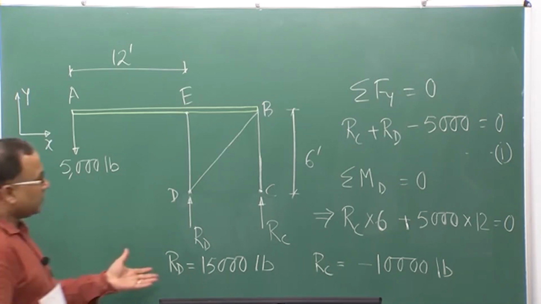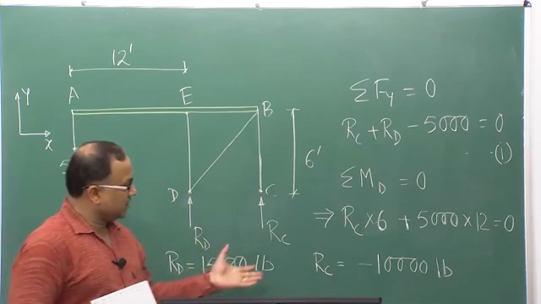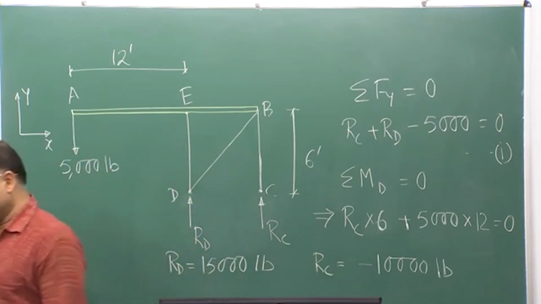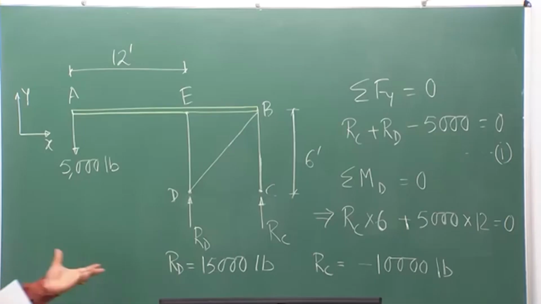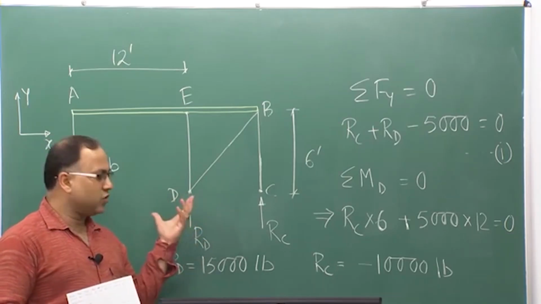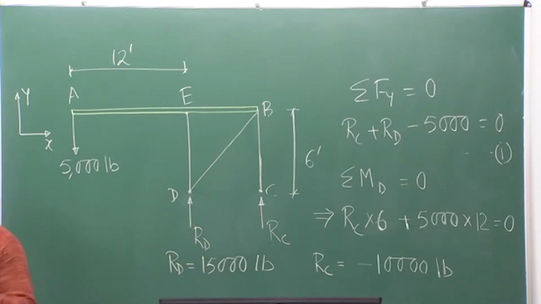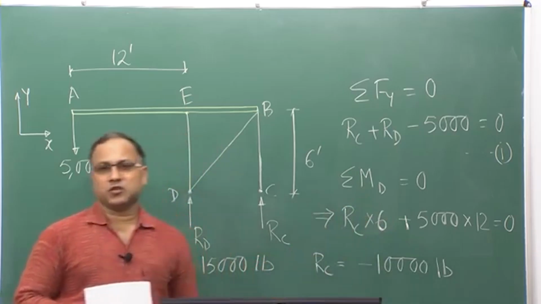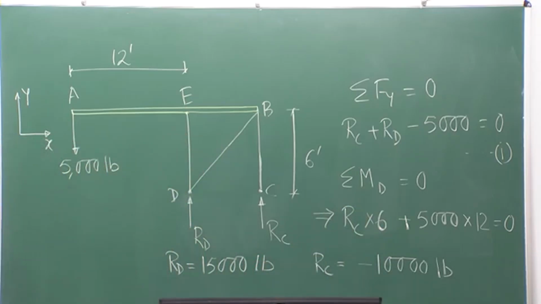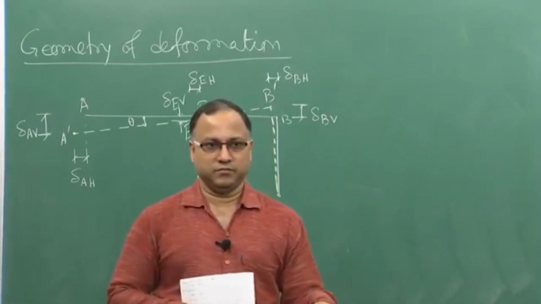Now, if you look at the magnitude of the support reactions, RC is minus 10,000 pound, so 10,000 is the magnitude. What is the minus sign? Because I did not know the actual direction of RC and RD, I considered both in the positive y direction, that means upward. But after calculation, RC is negative 10,000 pound, so the actual direction of RC is downward.